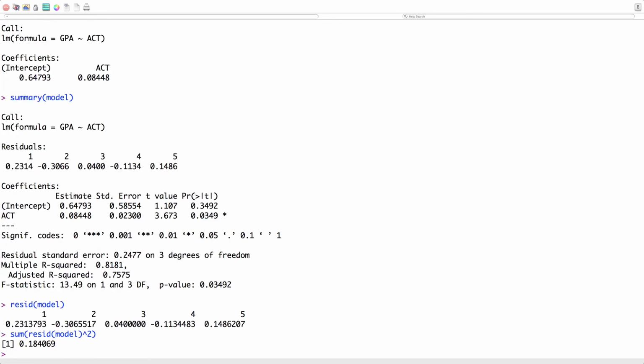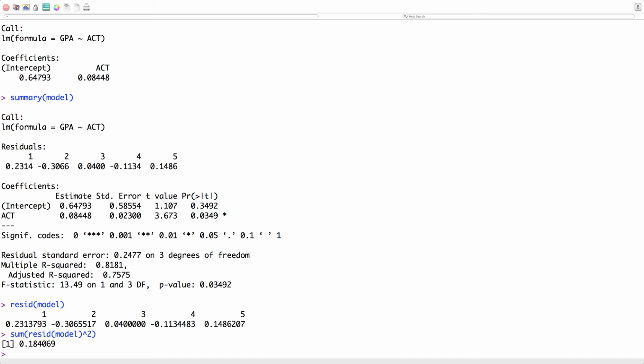When I get that, my sum of the E sub i squared is going to be 0.184069. N minus 2, that's a really easy one. And the next thing we want to do is calculate the sum of our x sub i's minus x bar.